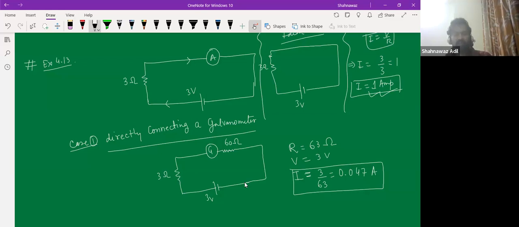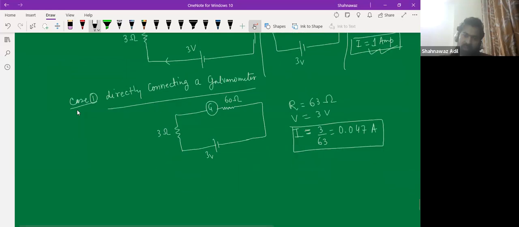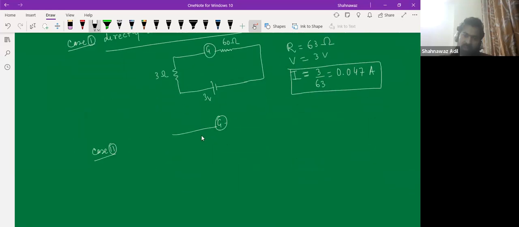So this is the reason that we don't use the galvanometer directly to measure the current, because it has a high resistance. That is why we use a shunt resistance.